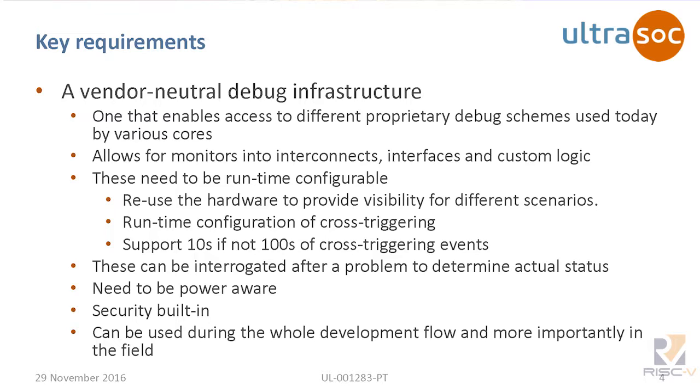We need to be able to have these debug entities that are fit for purpose. You configure them at RTL time for your instantiation. The cross-triggering between these blocks is done as part of the whole infrastructure, not as separate signals. And the cross-triggering is a runtime configurable thing, not hardwired at RTL.